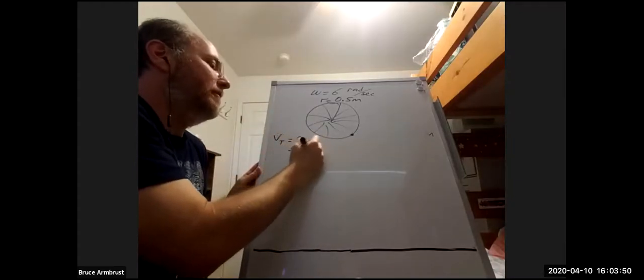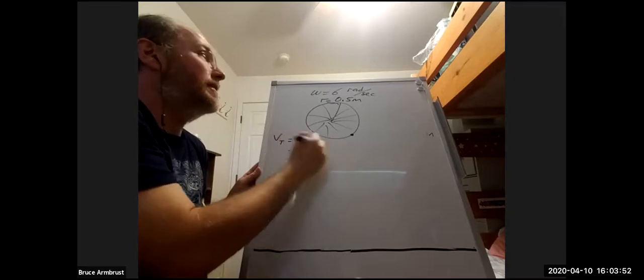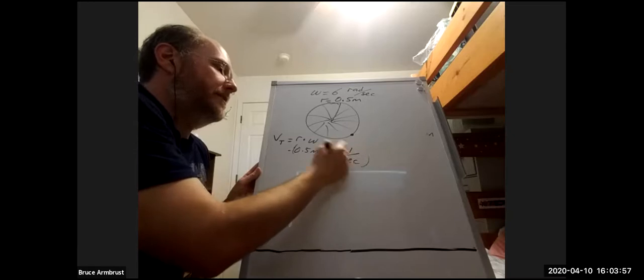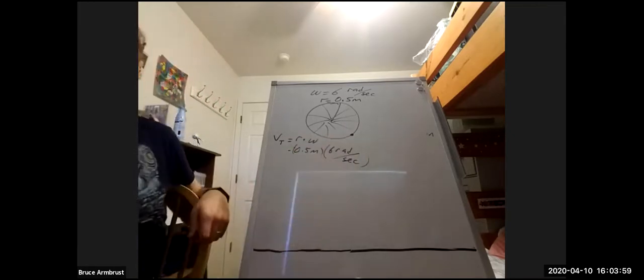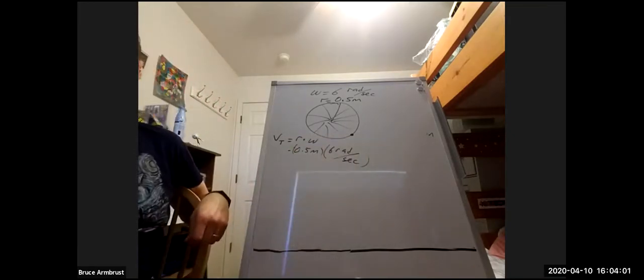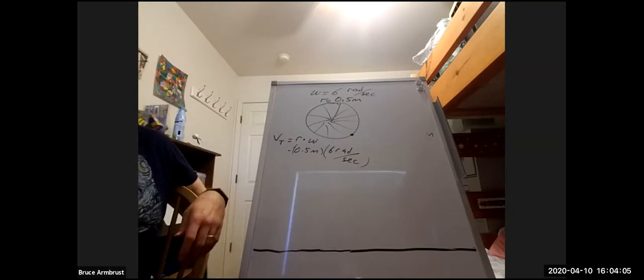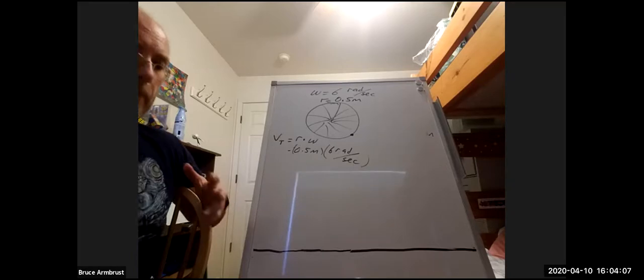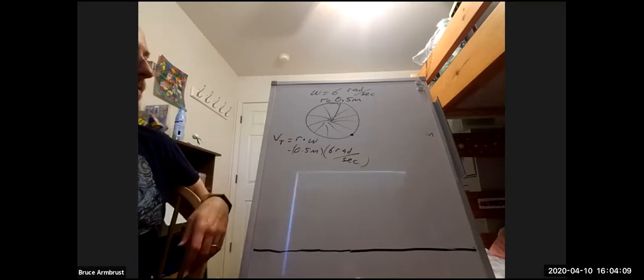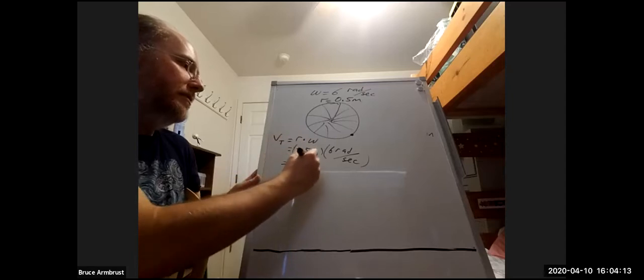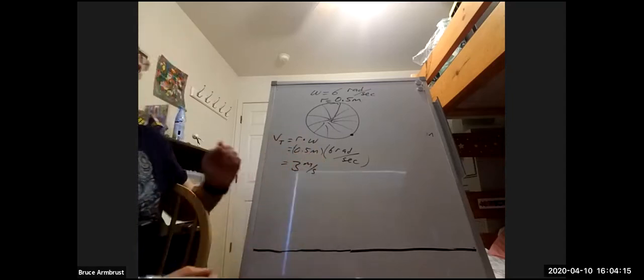So 0.5 meters times our 6 radians per second. And the nice thing about radians is they actually are dimensionless. That's why when we did things back in trig with radians, we didn't put a symbol or anything. What's the angle? 2 pi, which is the number 2 pi. So multiplying these, we get that this is 3 meters per second.